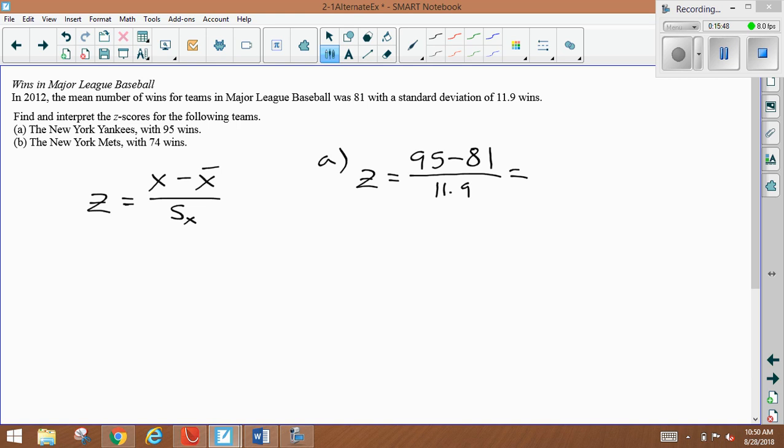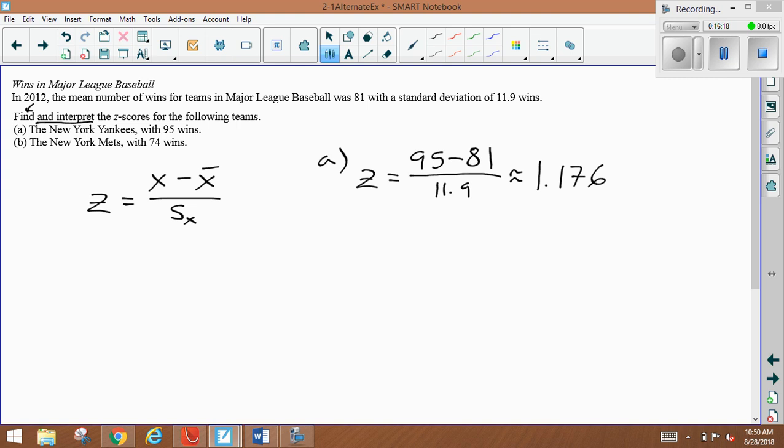We'll plug that into our calculator and we get approximately 1.176.